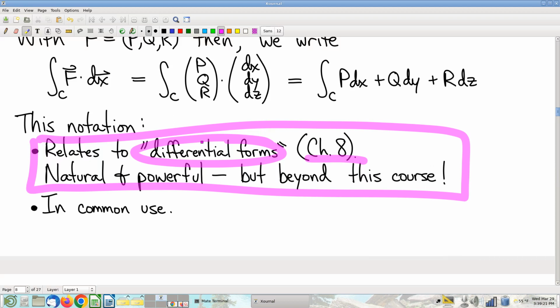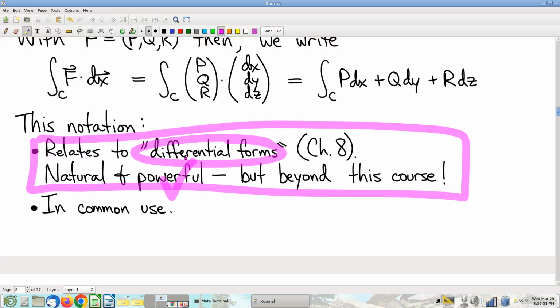So that said, even though you're not responsible for it, I think it's good to know, just for cultural purposes, that differential forms really are very natural. Sophisticated, yeah, but ultimately very natural and, arguably more to the point, very powerful. There are some big results in multivariable calculus that, in order to prove them, require the use of differential forms.